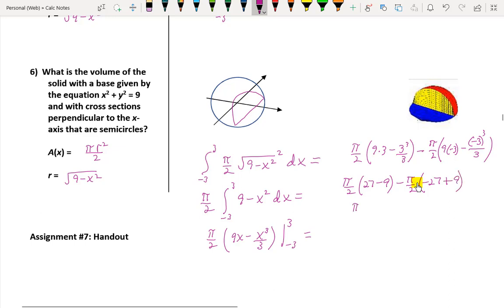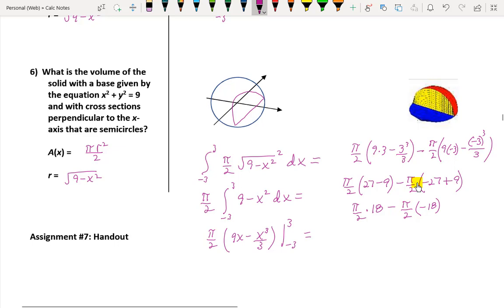And so we've got pi halves times 18 minus pi halves times negative 18 here. So that's going to turn to plus in the middle. So we've got 18 pi halves plus 18 pi halves, which is 36 pi halves.